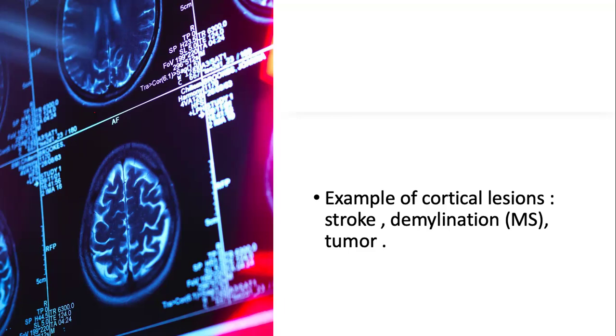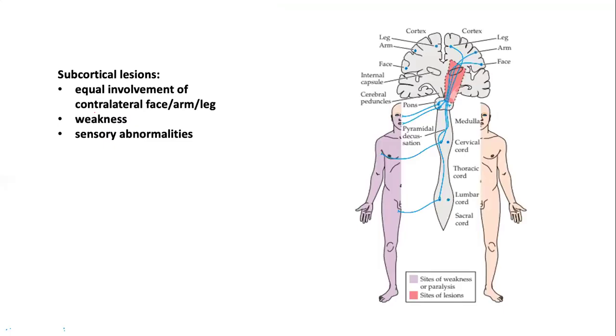If it has been going on for a longer time, I would think of a slower process like a tumor or abscess. And usually the diagnostic tool I will use to investigate a possible cortical lesion would be a brain image, either a CT or MRI brain. So this is the first step in localization.